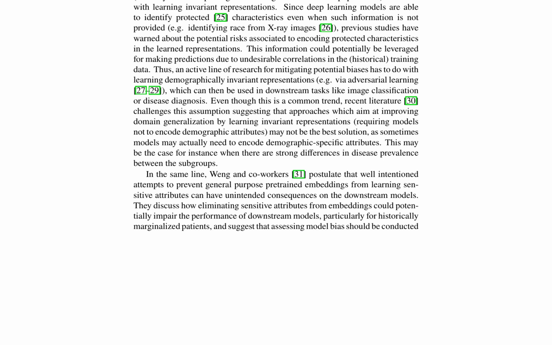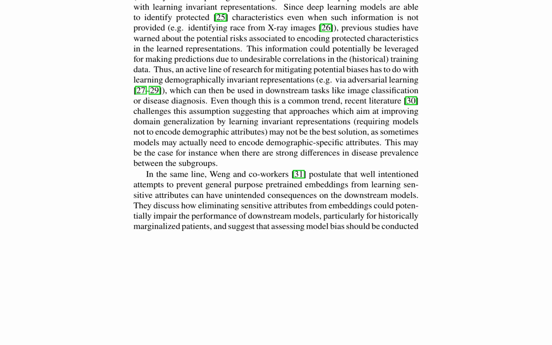However, recent literature challenges this assumption, suggesting that approaches aiming to improve domain generalization by learning invariant representations may not be the best solution, as models may need to encode demographic-specific attributes in certain cases, such as when there are strong differences in disease prevalence between subgroups.